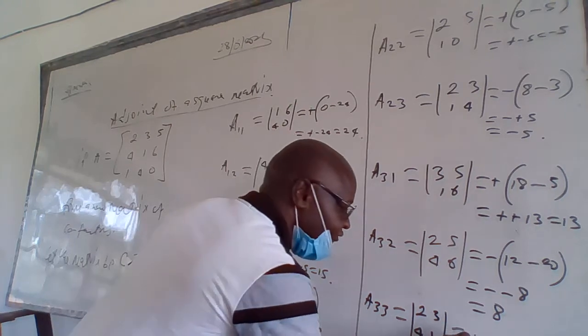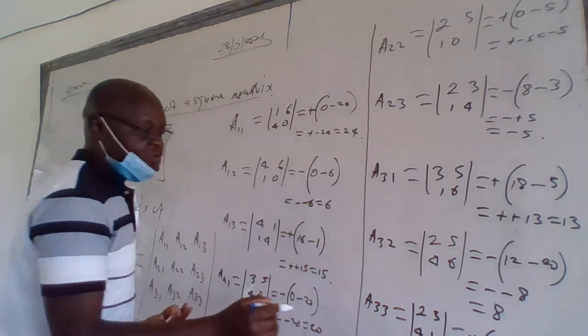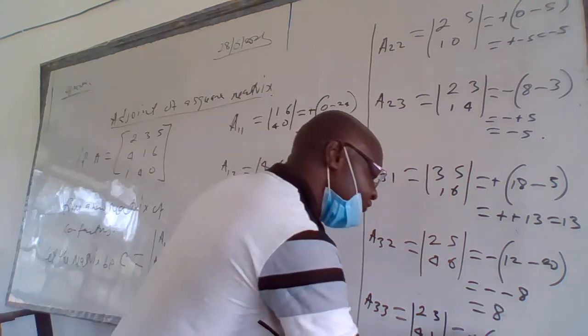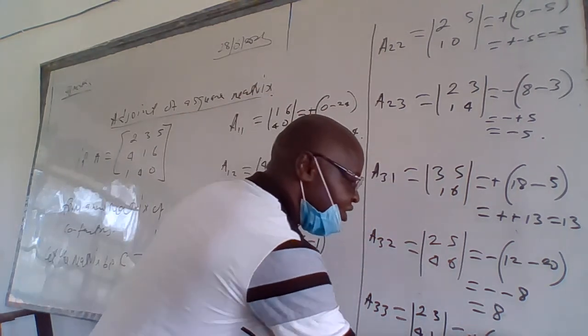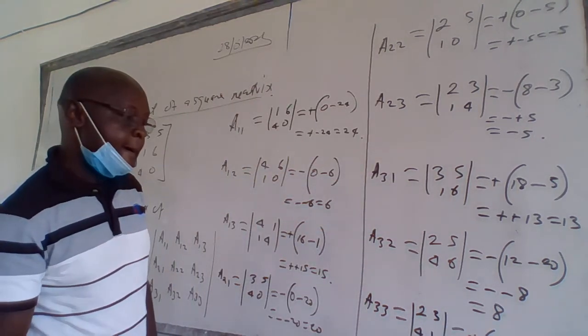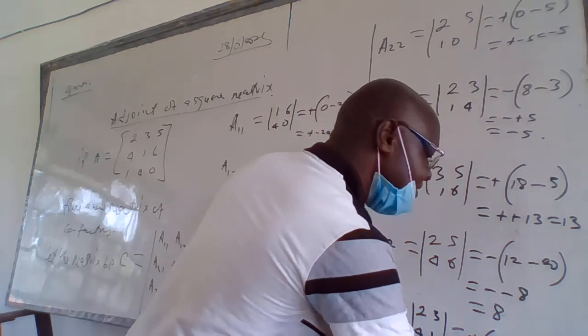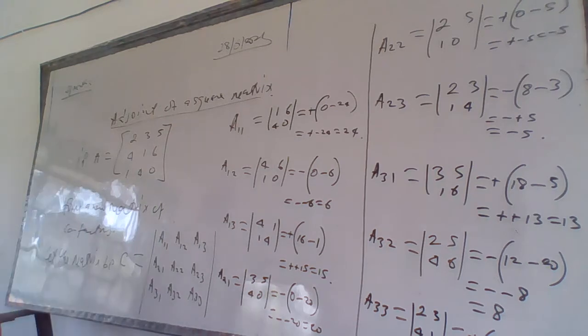So it's positive, 1 times 2, it will be 2, minus 4 times 3, it is 12. So which equals to minus 10.